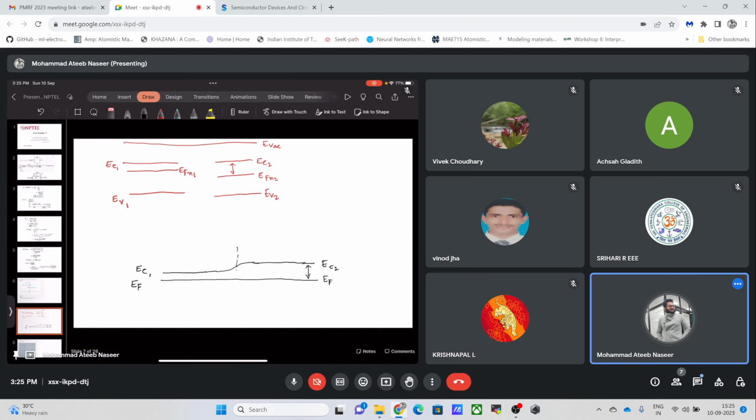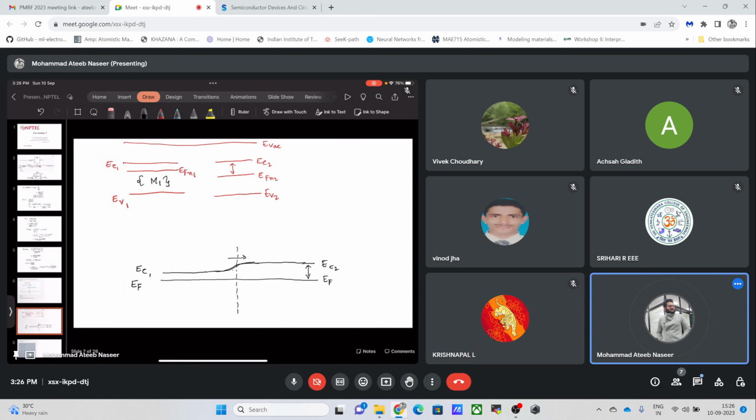If I consider this to be the junction, material one, which is having a high concentration of the dopant atoms, will try to transfer the electrons from its levels, and as a result we will have this electron transfer.